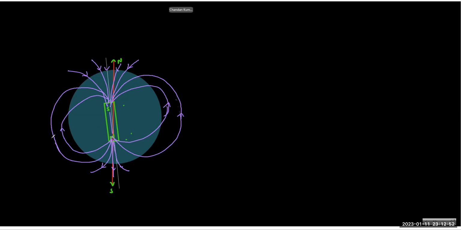Okay, really poor diagram, but I tried my best. Sorry. You can see the diagram in the notes.